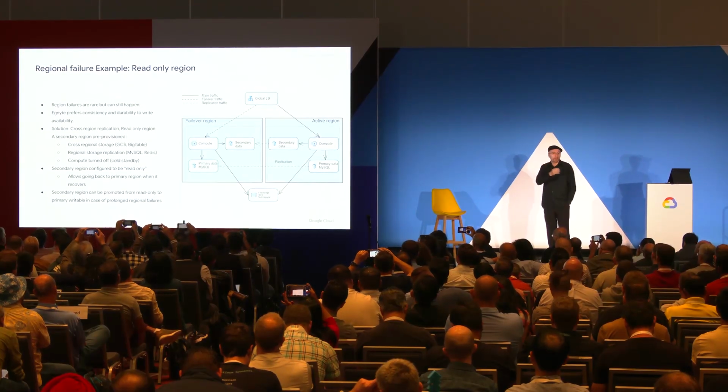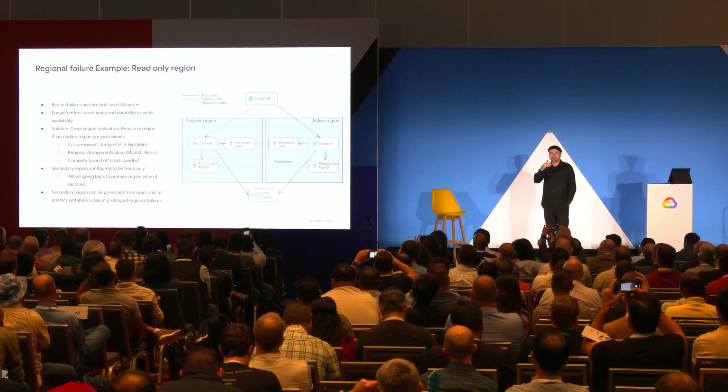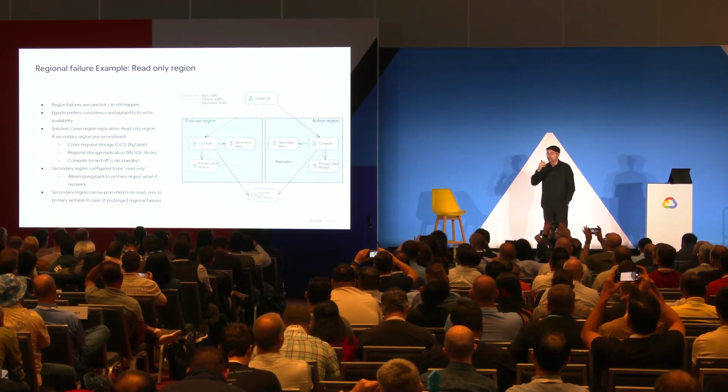So now let's ask the question, what happens if an entire region goes down, right? That's probably the question that's front of mind. But in that case, going back to the archetypes, we have active and a failover. If you remember Tim's overview, that was the third archetype that he covered.